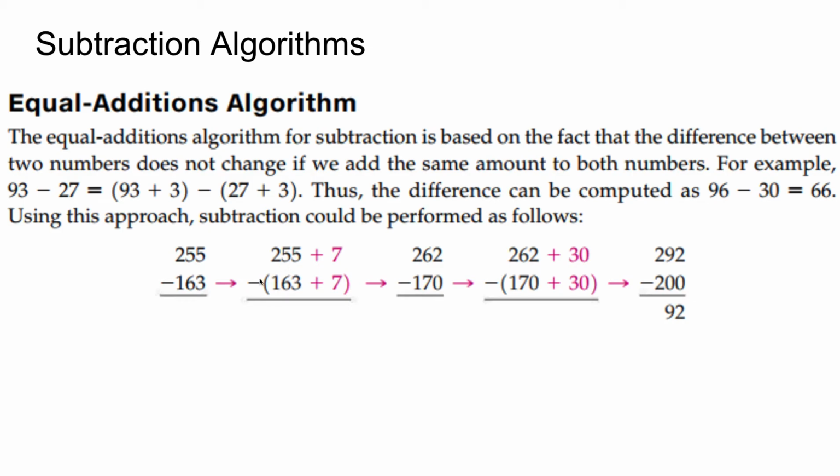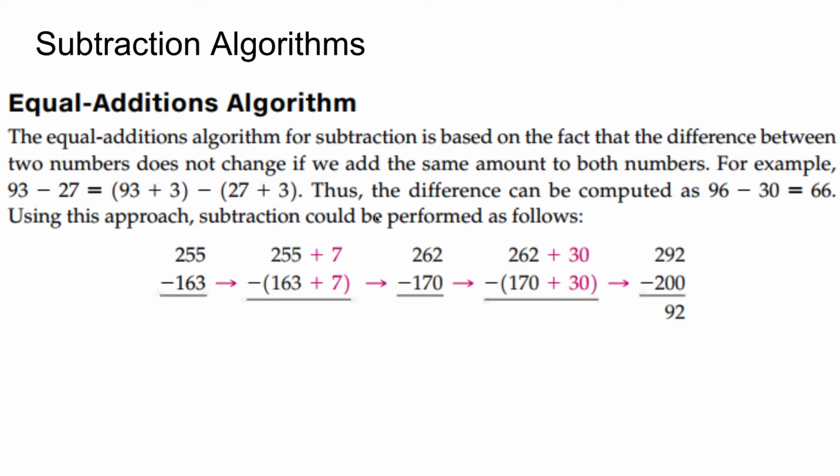Yeah, because you have subtraction here, minus here. Then, using the distributive property, you can do minus 163 and also minus 7. So plus 7, minus 7, nothing. Okay, so that's how it compensates. So if you are increasing the subtrahend, you can increase exactly the same amount in the minuend. Then the difference doesn't change.